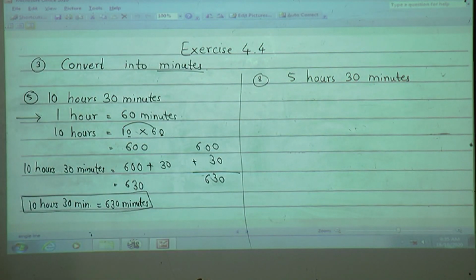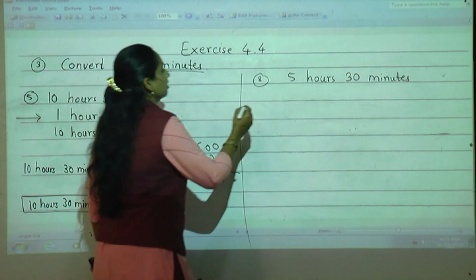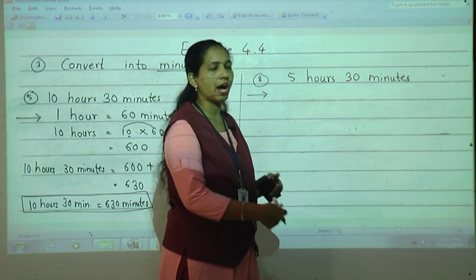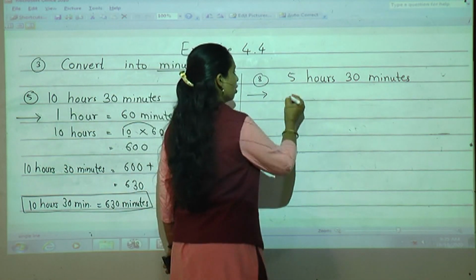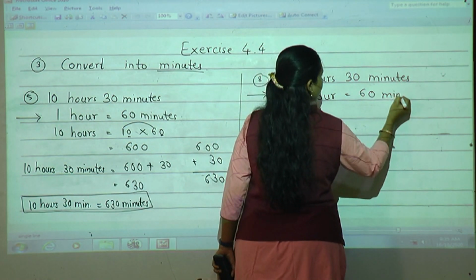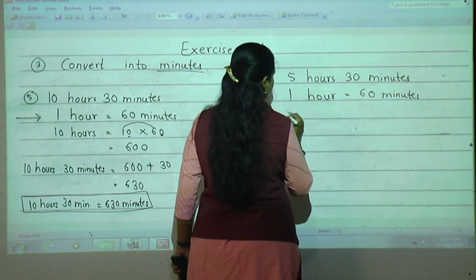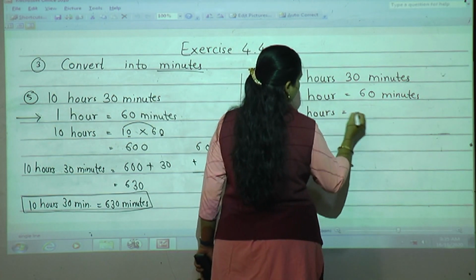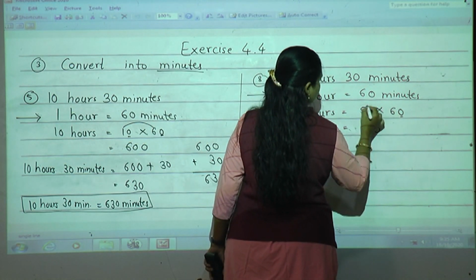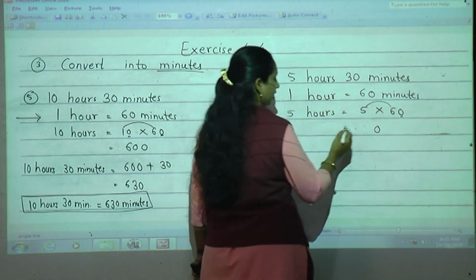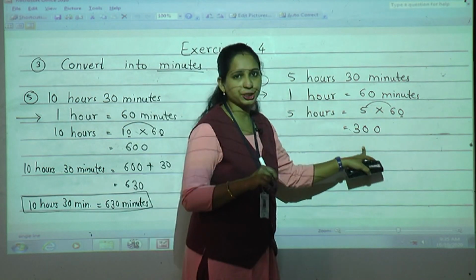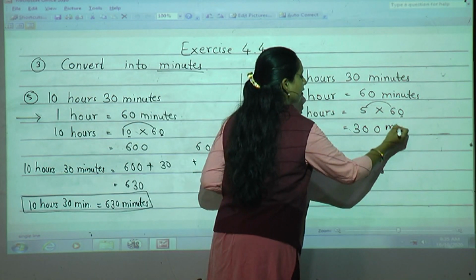In the same way we have to solve, students, this one also. See, 5 hours we have to convert into minutes, and the given 30 minutes we have to add. So 1 hour is equals to 60 minutes. So 5 hours is equals to 5 multiplied by 60. 0 write as it is. 5 6 are 30. So write here 30. So this is what 5 hours we have converted into minutes, that is 300 minutes.